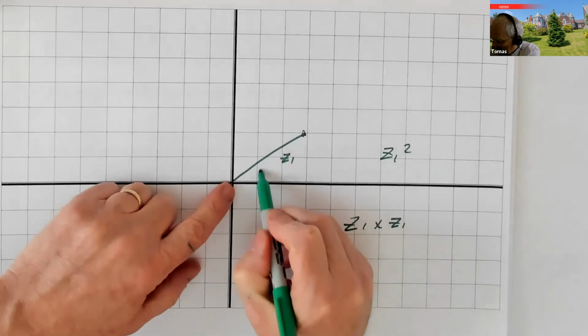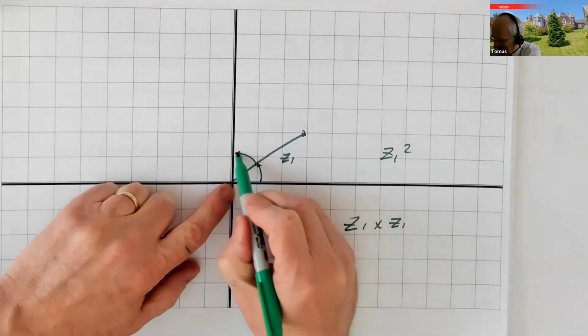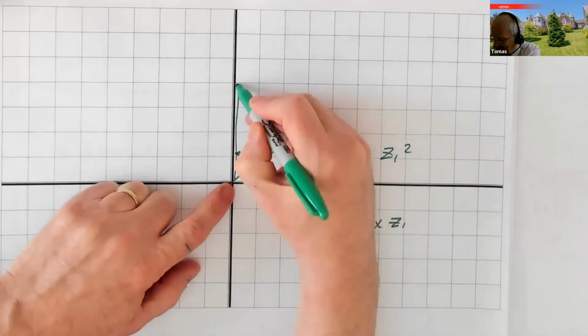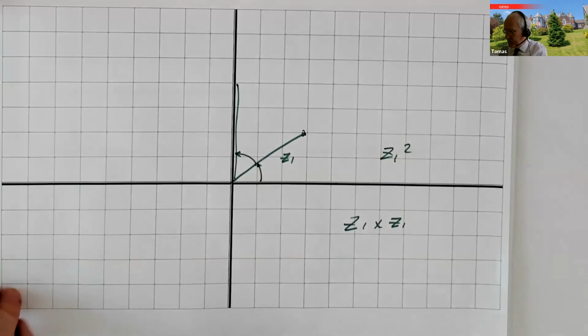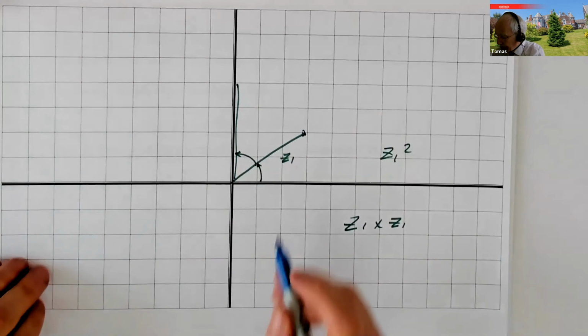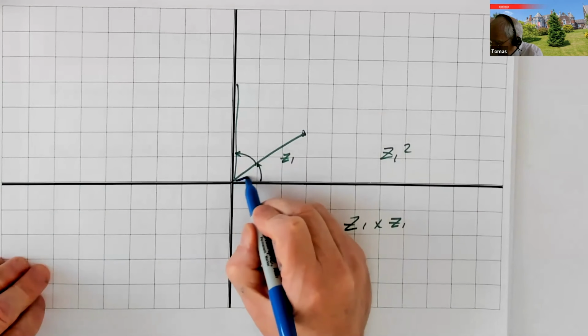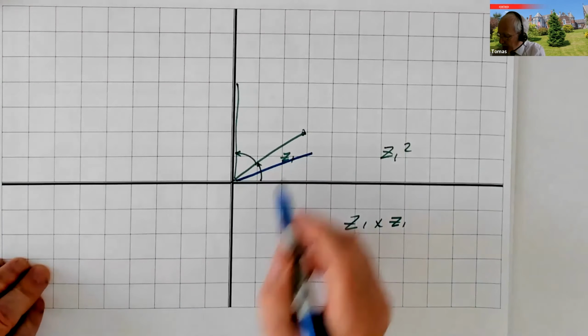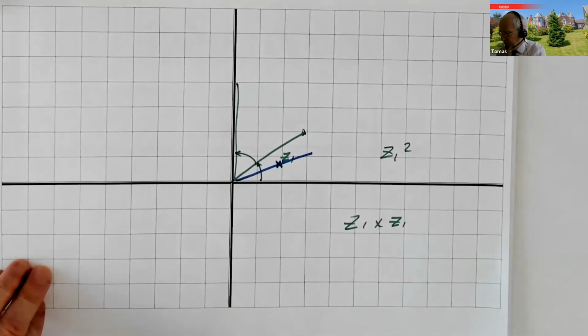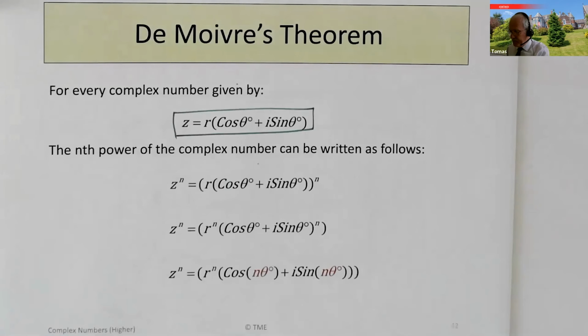And that means I must take this angle and go again, take this length and go again. Now, if I wanted to get the square root, I would take this angle and halve it. I would take this length and get the square root of it. So it might just be that length.